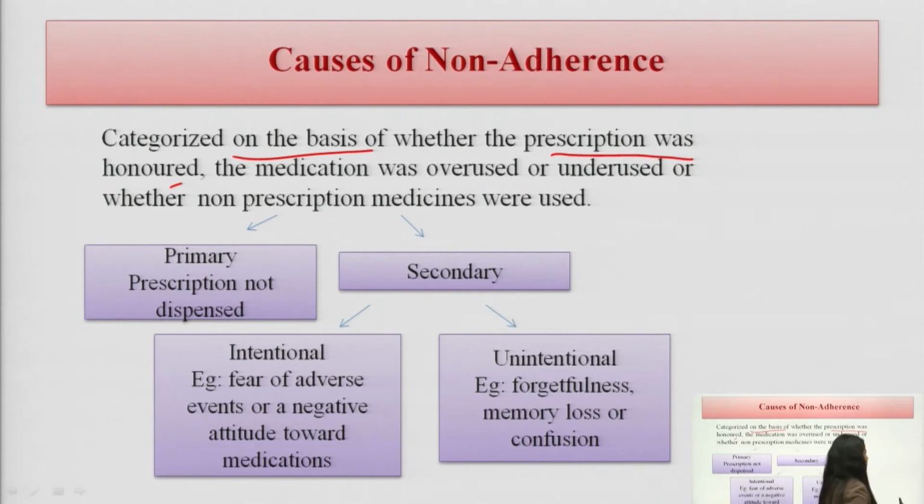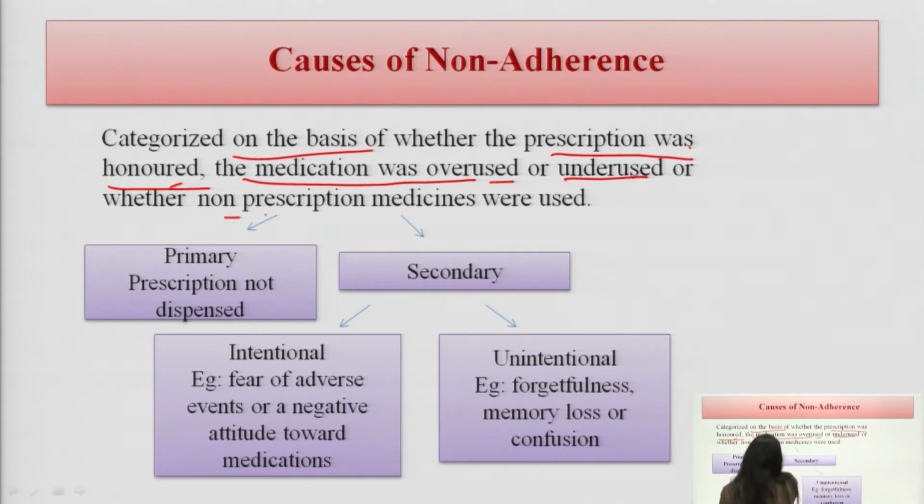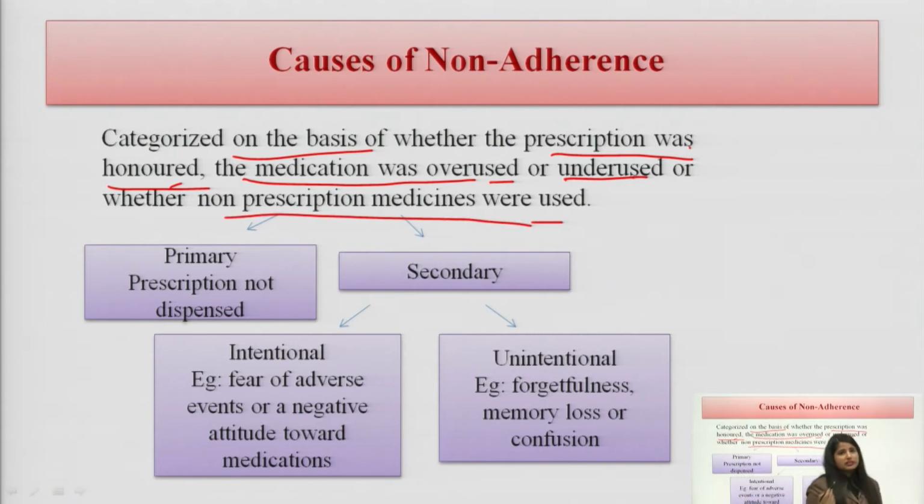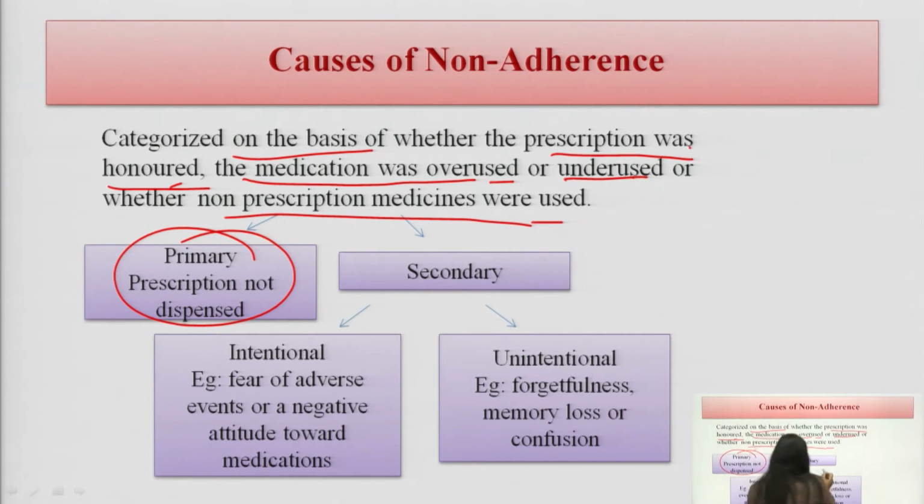Maybe sometimes medication was overused, maybe sometimes the medication was underused, or whether non-prescription medicines are used, like OTC medications, herbal preparations, supplements. So, these are all the reasons, and let us see, number 1 primary and number 2 secondary.